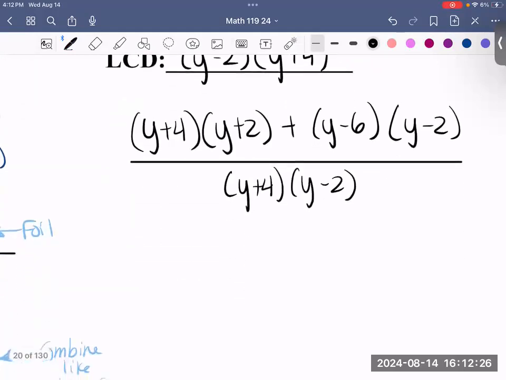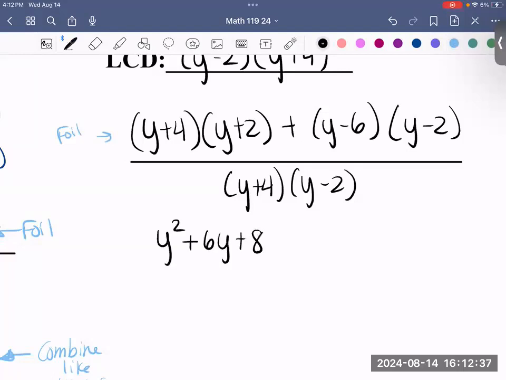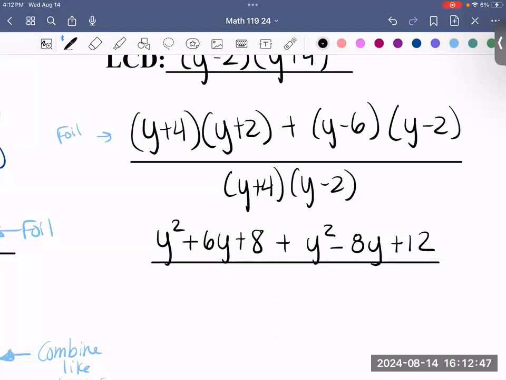All right, then we are FOILing it out. And then let's combine your like terms.